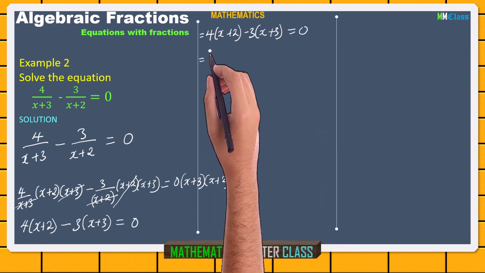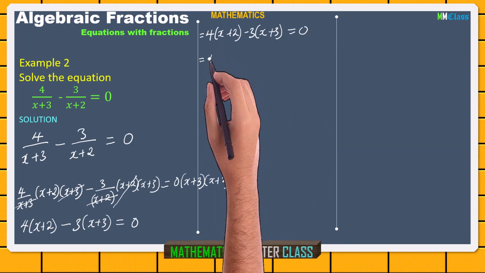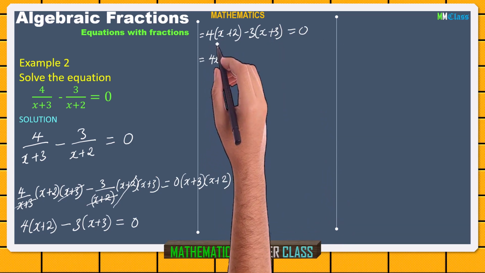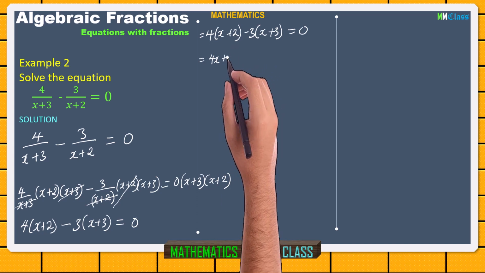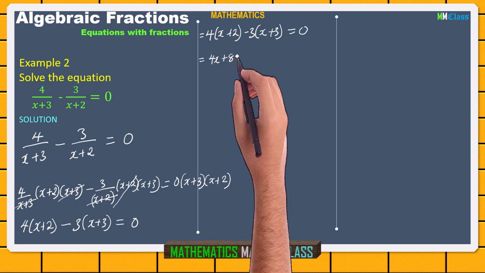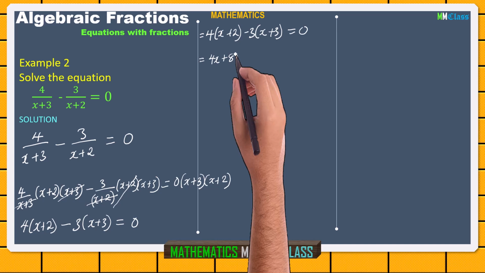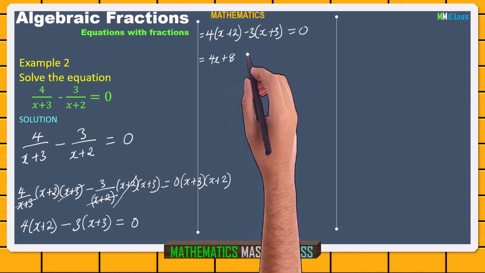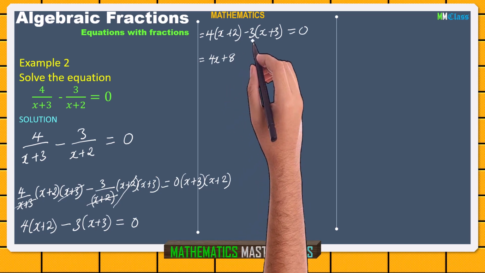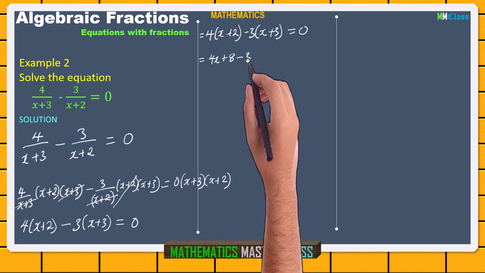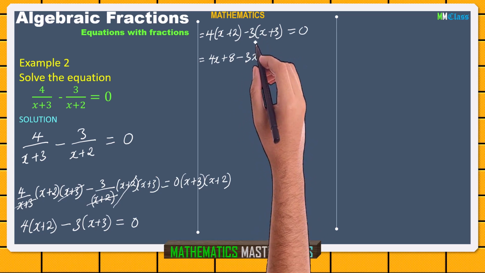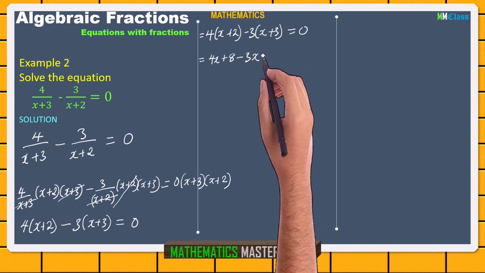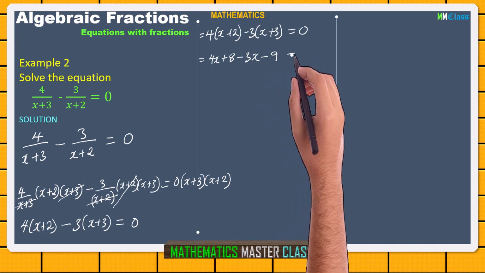So x times x will give us 4x. x times plus 2 will give us plus 8x, or will give us plus 8. Minus 3 times x will give us minus 3x. Minus 3 times 3 will give us minus 9. So equals to 0.